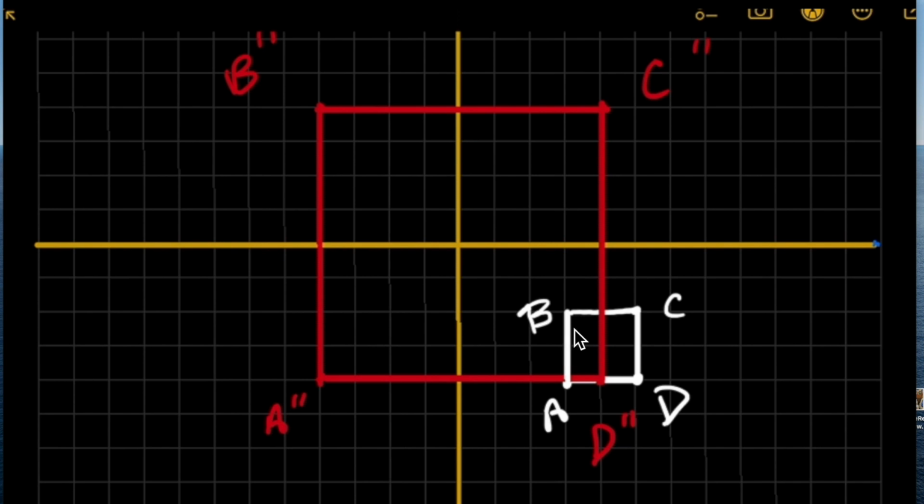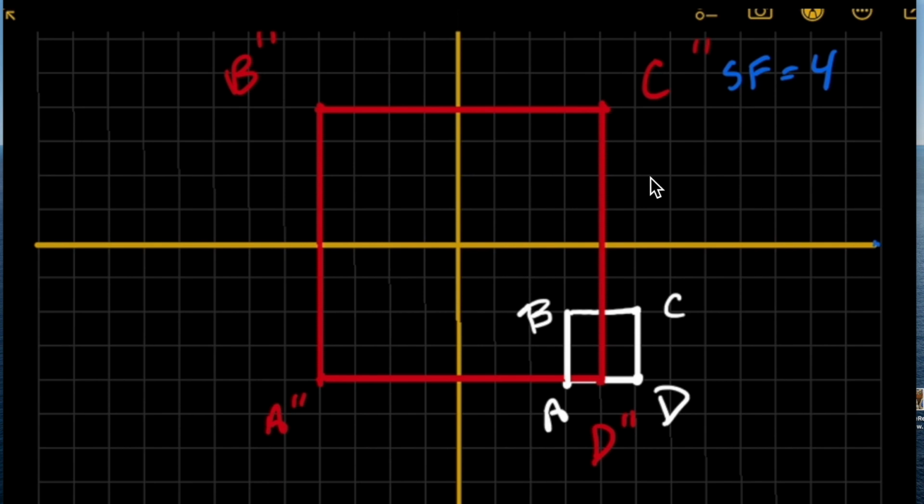So let's look at the length of the line segments. We see that BC starts off initially at 2 units, and if you look at the post-image, B double prime, C double prime is 8 units. So we know that a scale factor of 4 has occurred during that dilation. Now I'm going to take a point, namely B, and dilate it by a factor of 4 to see what our B prime would be.